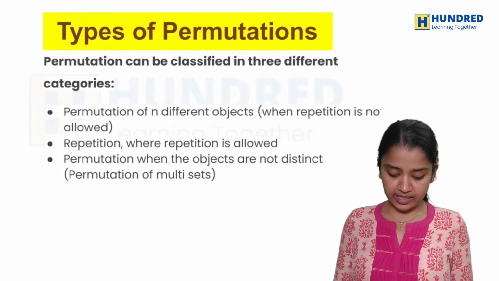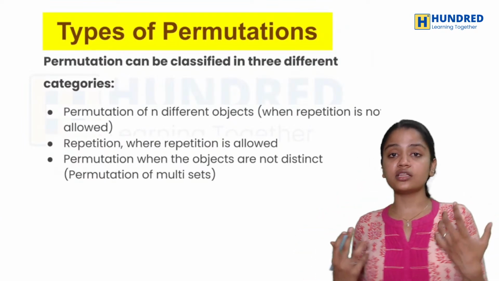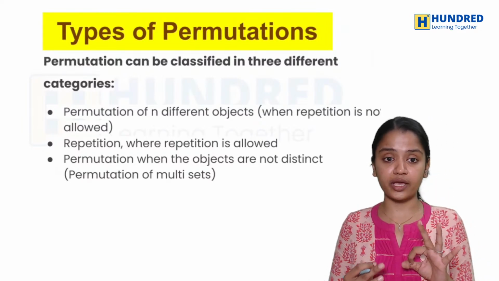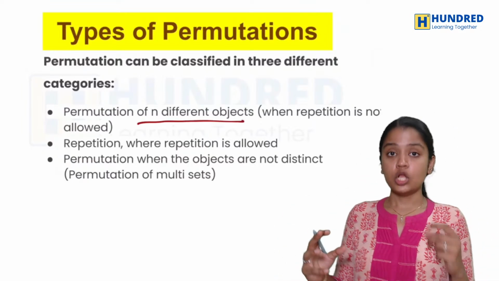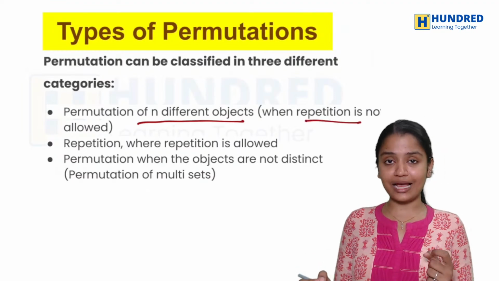Now let's quickly see the types of permutations. When you look at the permutation, you are having 3 different categories. One is you can have n different objects. So permutation with n different objects when repetition is not allowed.